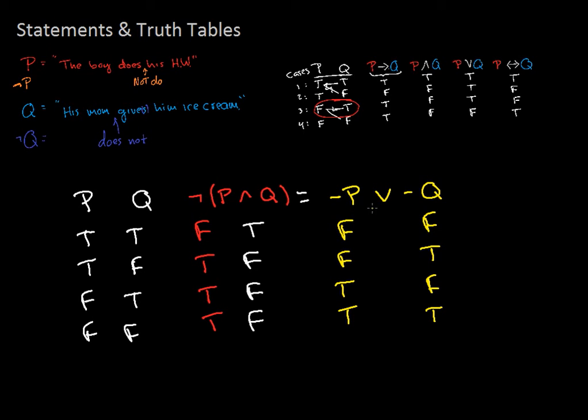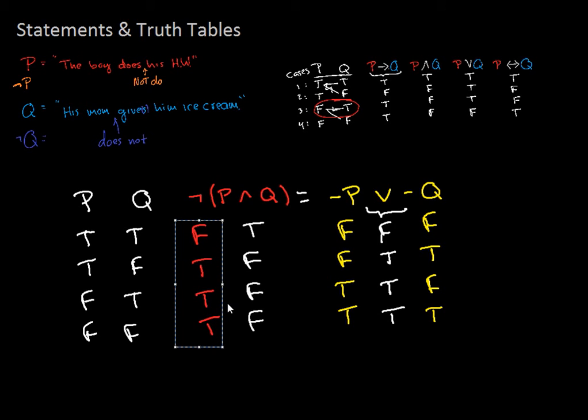And now we're comparing these with an or. False or false is false. False or true is true. True or false is true, and true or true is true. So we've proven, because this is the same as this, that these two statements are equivalent, and we did it using a truth table. Let's do another one.